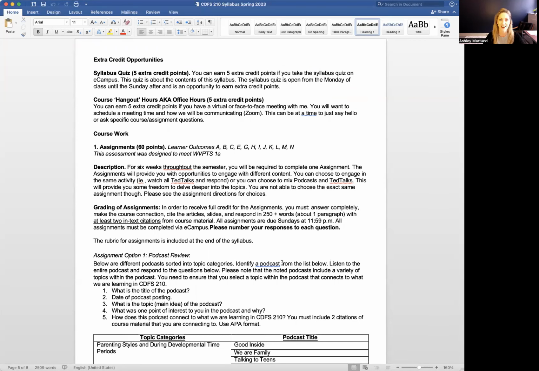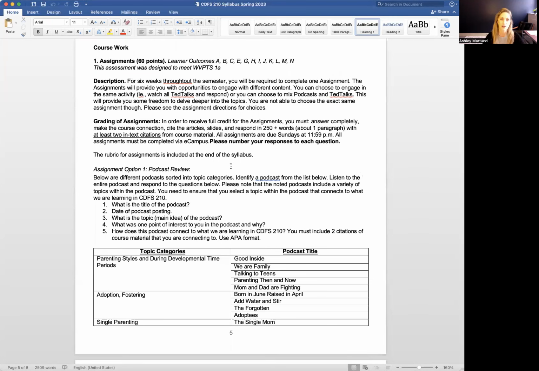The first thing you're going to have this week is a syllabus quiz. There's also an option for you if you stop by during office hours that you can receive 5 points. If you stop by a second time, you do not receive 5 more points, though there may be additional opportunities for you to receive extra credit throughout the semester. So it's important for you to check into eCampus and read your email.